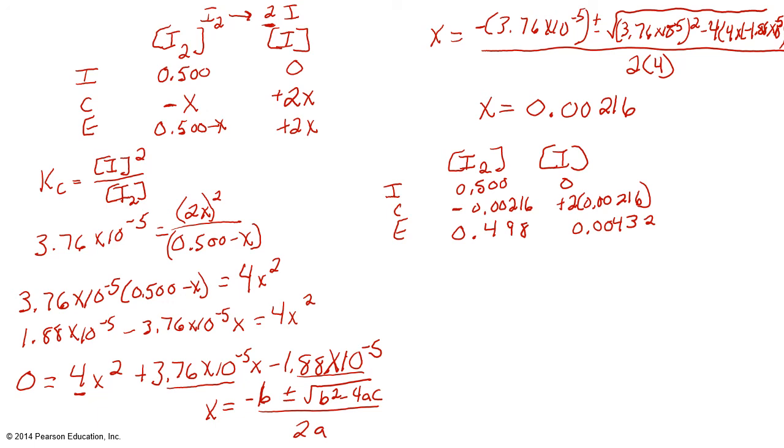Okay. And now if we want to double check to make sure that we've done it properly, we can substitute it into our Kc to see if we get something close to our equilibrium constant. So this is just a way to check our work.